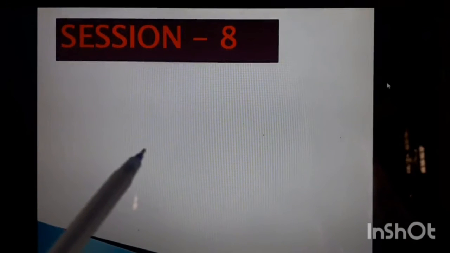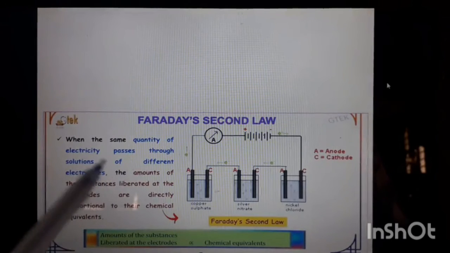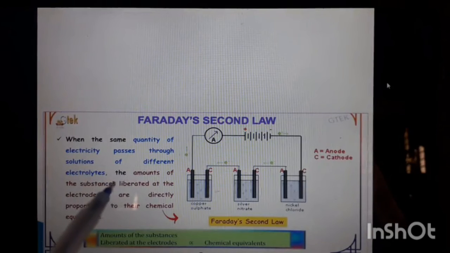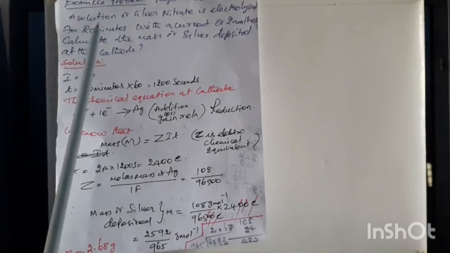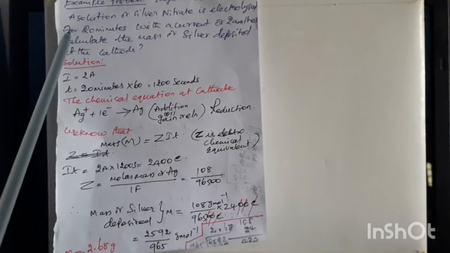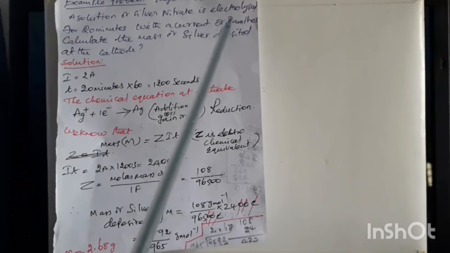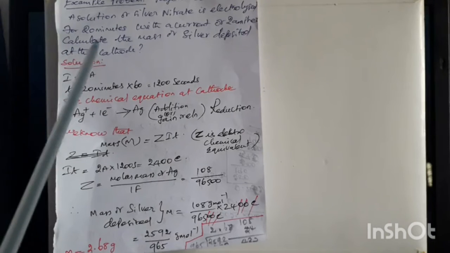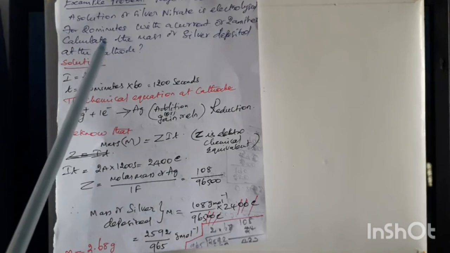Next, I will explain one example problem from your book. The solution of silver nitrate is electrolyzed for 20 minutes with a current of 2 amperes.